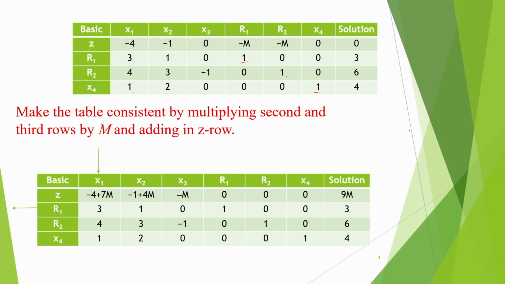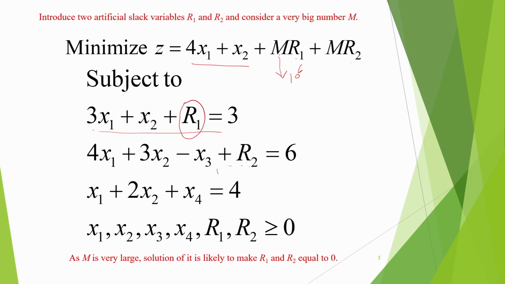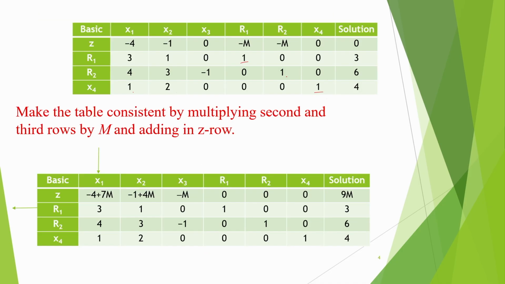Now this table has been made, but it is not consistent, because it says R1 is equal to 3 and R2 is equal to 6, but R1 and R2 are also in the objective function. So basically z should be 9M, because 3 plus 6. What we have to do is make the table consistent by multiplying the second and third rows by M and adding them to the z row.